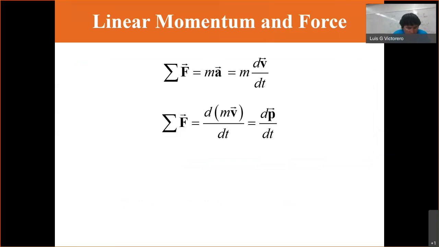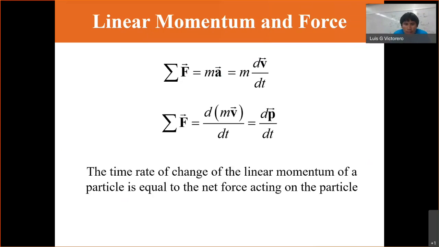And this is the equation that I just proved on the whiteboard. So it's also on the slides. The change of linear momentum of a particle is equal to the net force acting on the particle. And it makes sense, right? Because we know that an external force produces an acceleration, and the acceleration is a change in velocity.